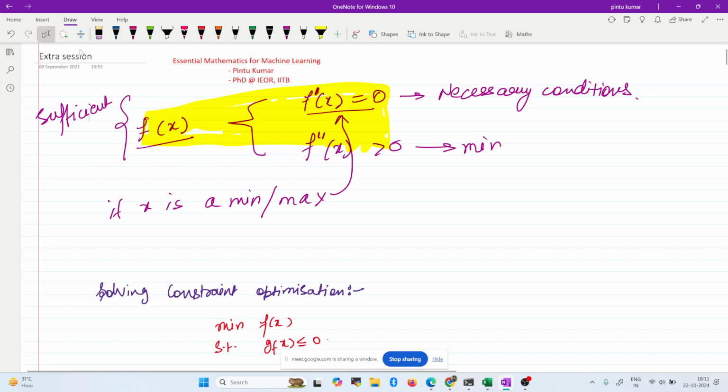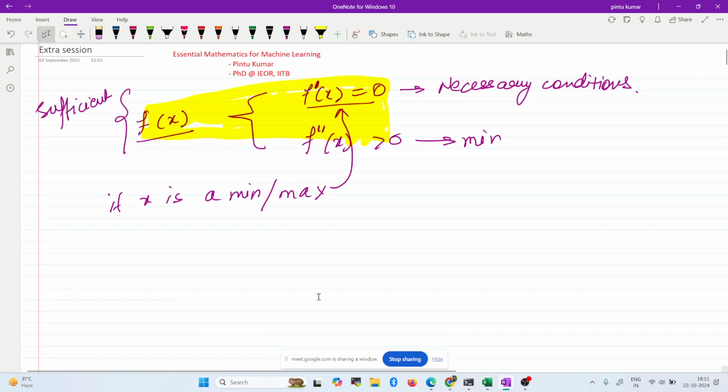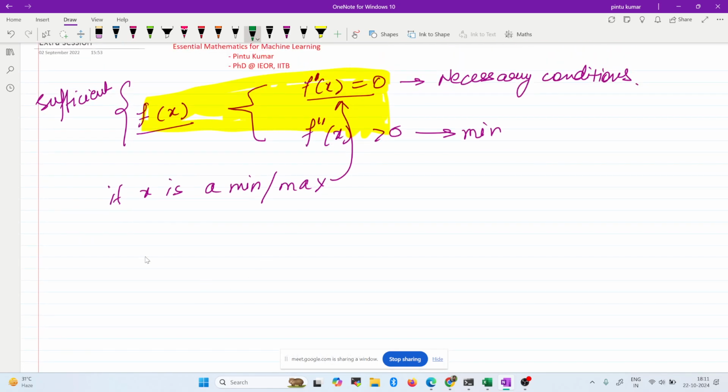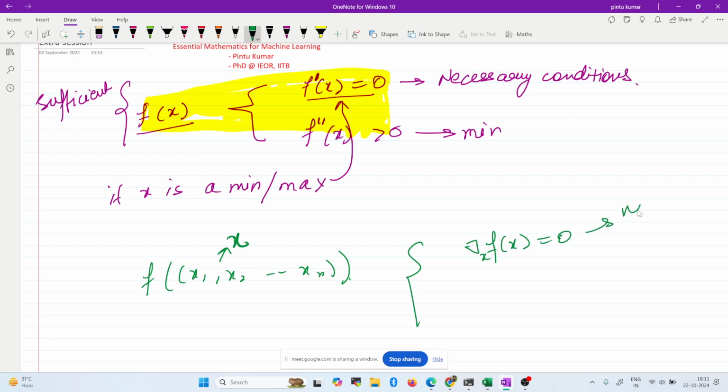Now in machine learning, the functions that you encounter are not actually functions of one variable. They are functions of several variables. For that, in this course we characterized something similar. If you have f, a function of x1, x2, up to xn, let's denote x1, x2, xn by a vector x. Now you have a similar condition: if your gradient at that point is 0, this is a necessary condition.